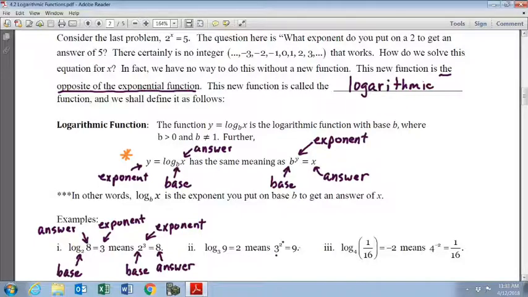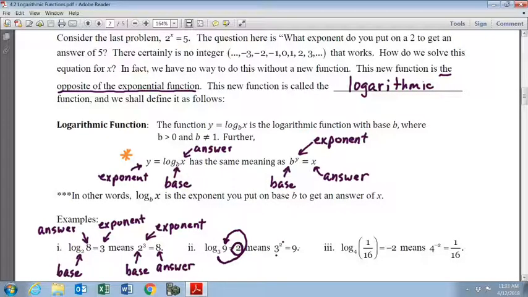So in log form, you have 3 is the base, 2 is the exponent, and 9 is the answer, or 3 squared equals 9.